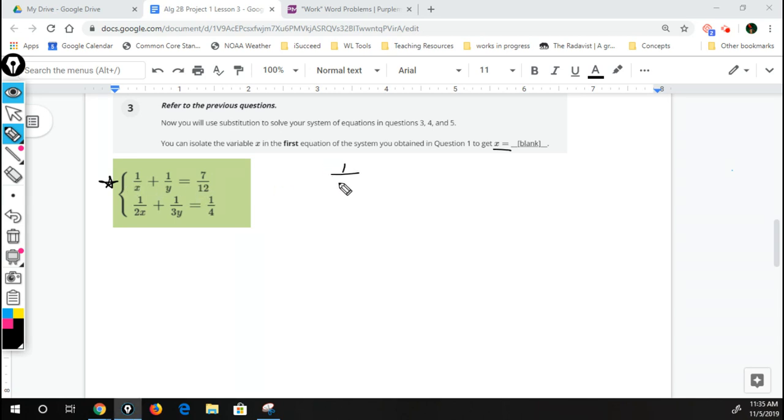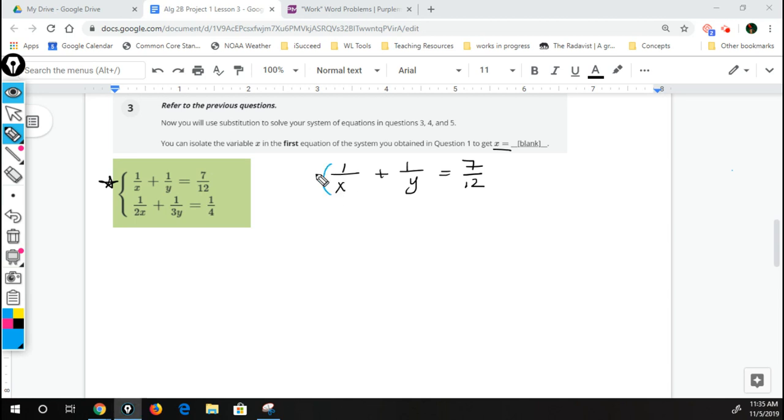So as I look at this, the first thing that really jumps out at me is that there's a ton of fractions, right? So my first trick would be to get the x out of that fraction. So how do I move this x out of the fraction?